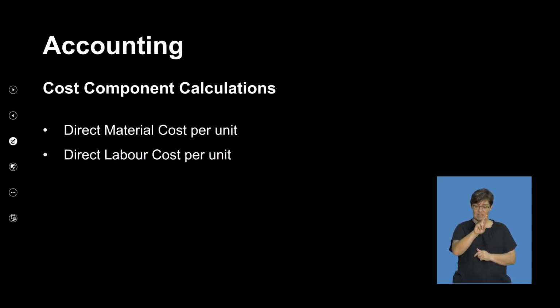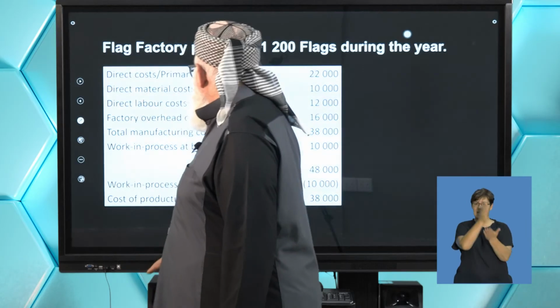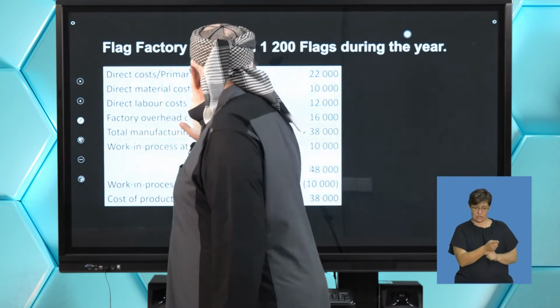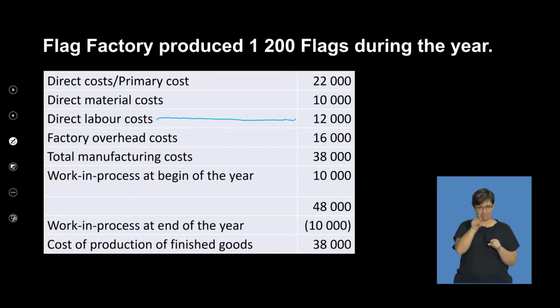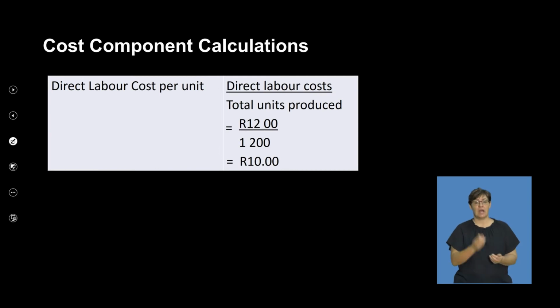Now we're asked to work out the direct labor cost per unit. You go and identify your direct labor. There's my direct labor. It cost me 12,000 Rand. So you're using information that's provided to you. I take my direct labor cost, which I showed you was 12,000. I think there's a zero missing there, but we're going to put it in for you.